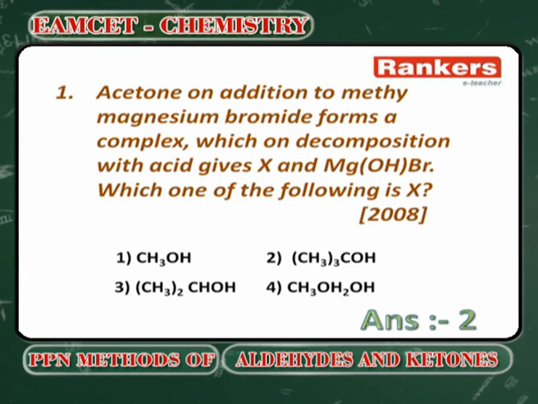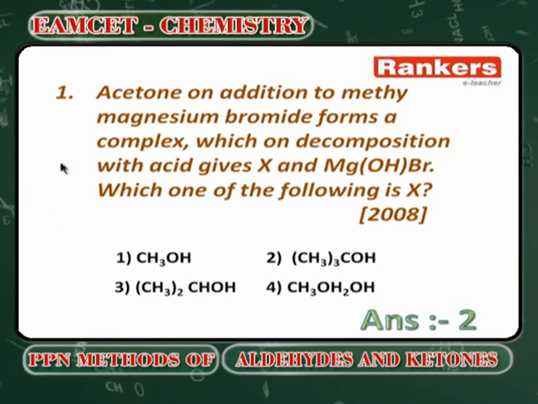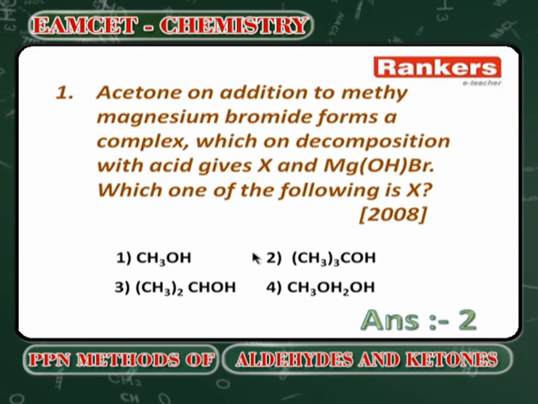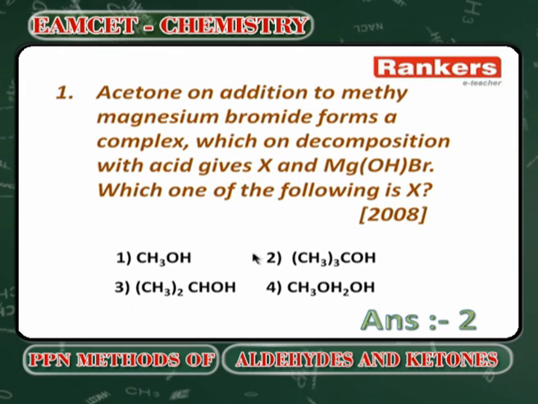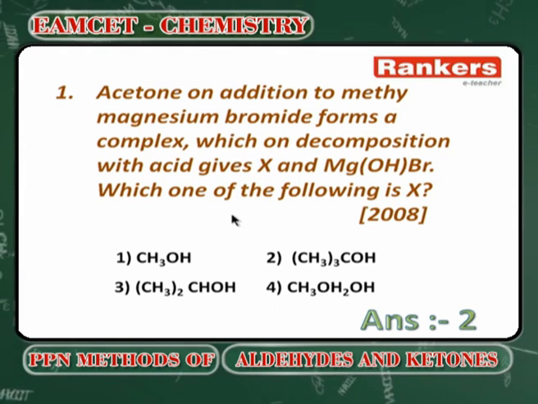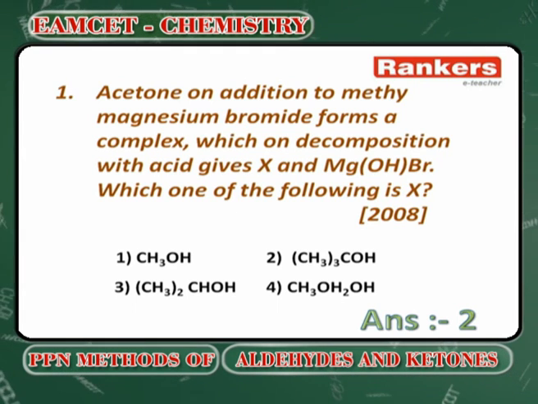The first question is a 2008 question. Acetone on addition to methyl magnesium bromide, this is an RMgX addition to the carbonyl compound, forms a complex. It is not exactly a complex, but actually a salt, which on decomposition with an acid or acid catalyzed water gives X, that is an alcohol.